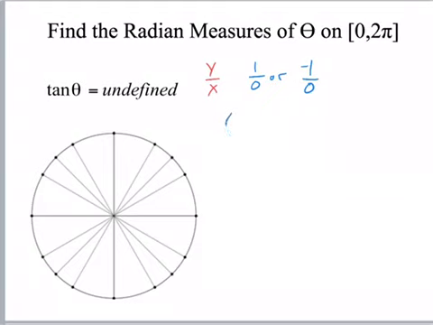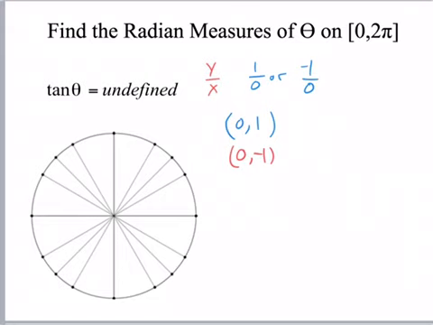My 2 coordinates would be 0, 1 and 0, negative 1. Let's double check that. Y over x would give me this, and y over x would give me that. So those are the 2 coordinates that would create an undefined tangent.